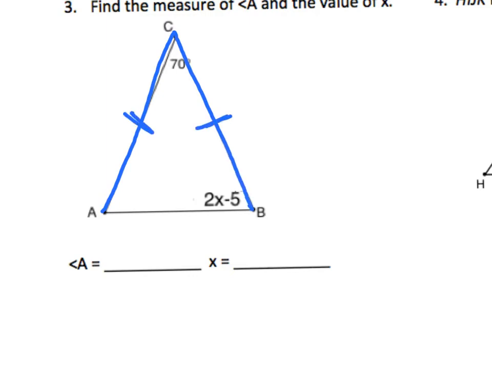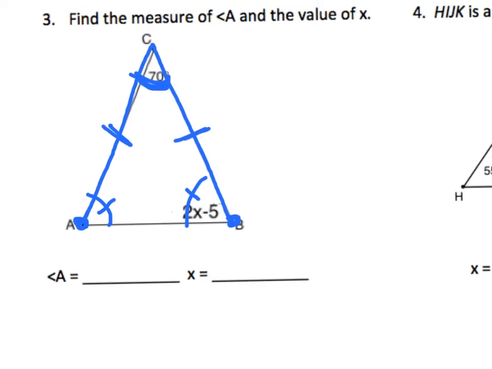Where those two lines meet at the 70-degree angle, that angle is not congruent to anything, which means the other two angles, A and B, are the ones that are congruent. So you can either think about where the two lines meet, that's not the angle that's congruent, or you can think about where the two congruent sides end, that's where the angles are congruent.